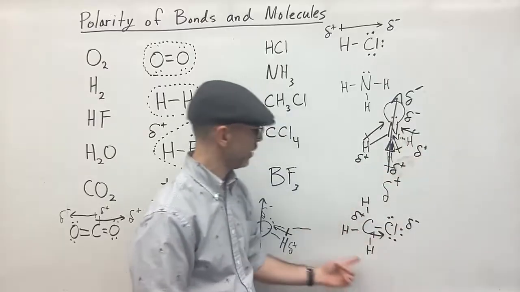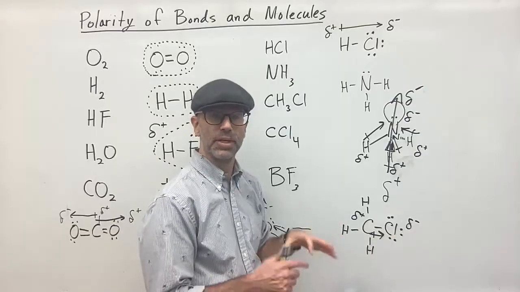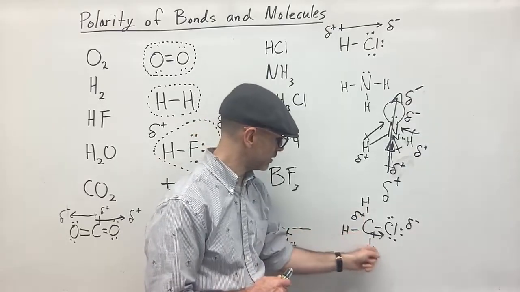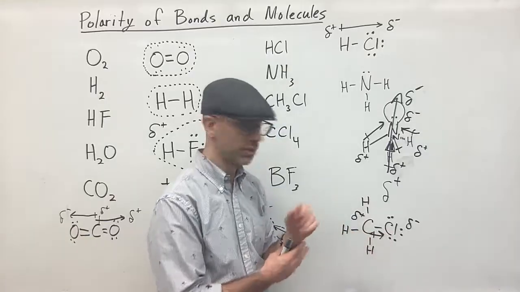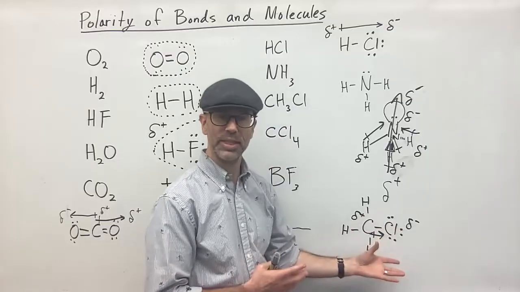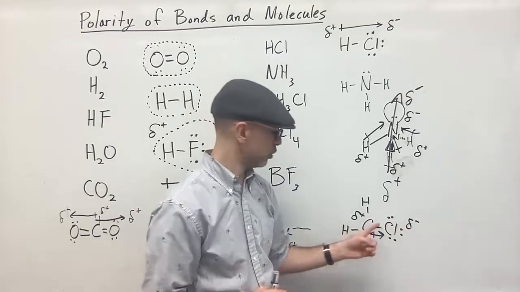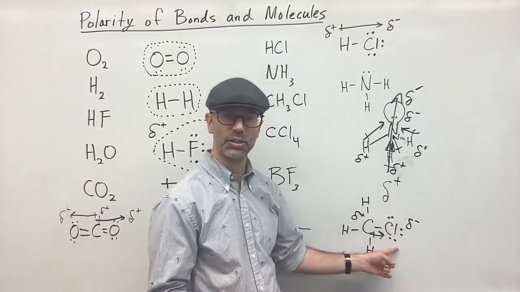Here again, you have a tetrahedral shape, which is symmetrical, because you're going to have the bonds at about a 109.5 degree angle from each other. However, normally that would be tetrahedral and therefore symmetrical, but no, because you have this different atom, it's no longer symmetrical.